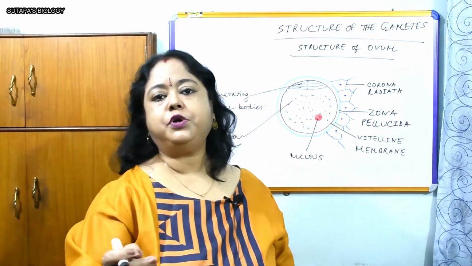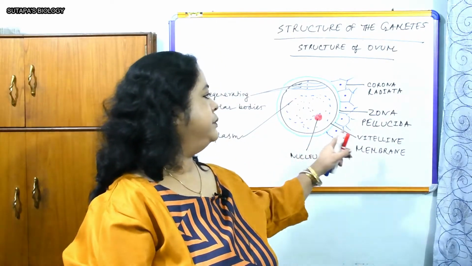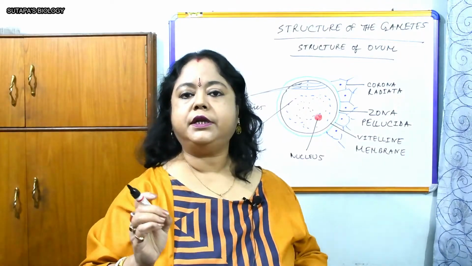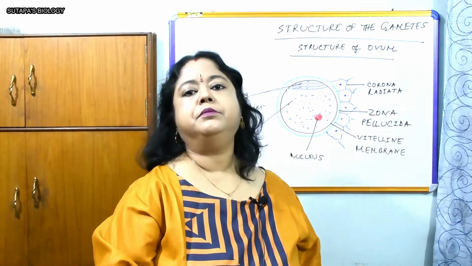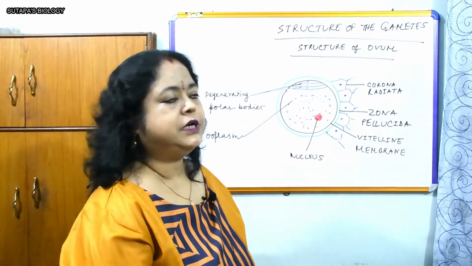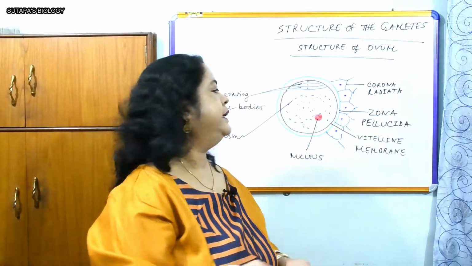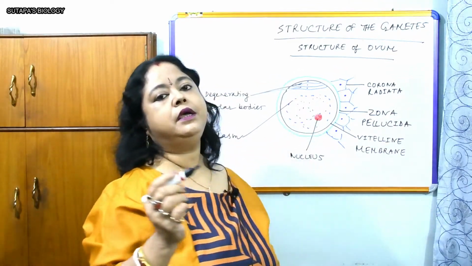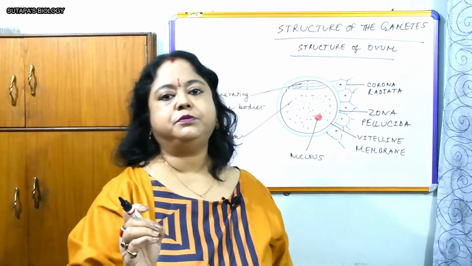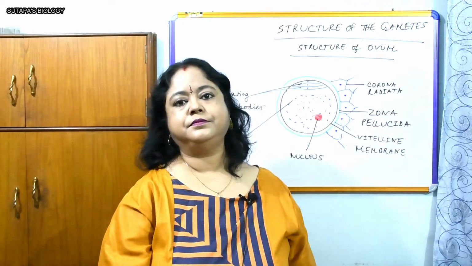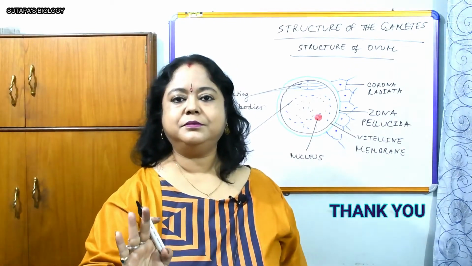In my last video I told you that during oogenesis, up to secondary oocyte formation takes place before fertilization, and after that, if it gets fertilized by the sperm, it will form the zygote by completing meiosis II. So this is about the structure of the sperm and ovum today, the structure of gametes.